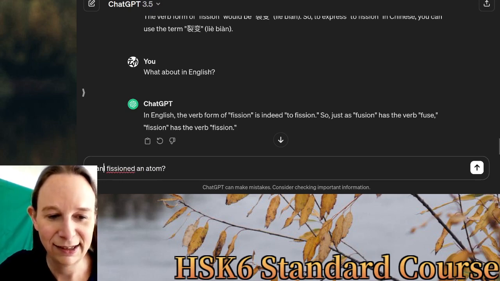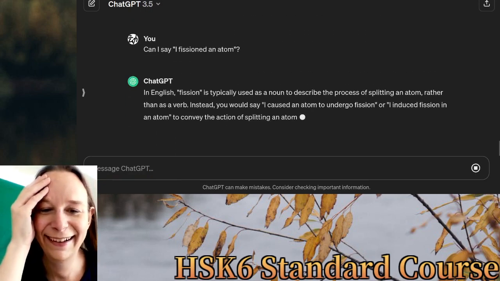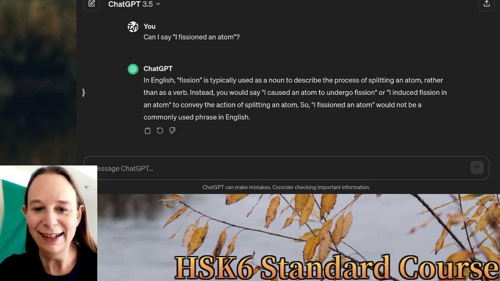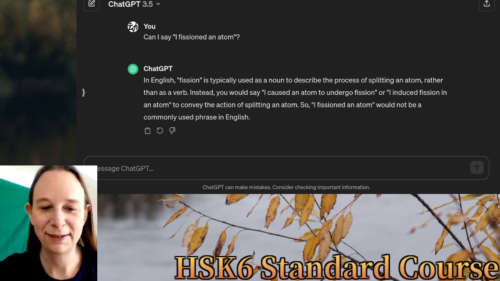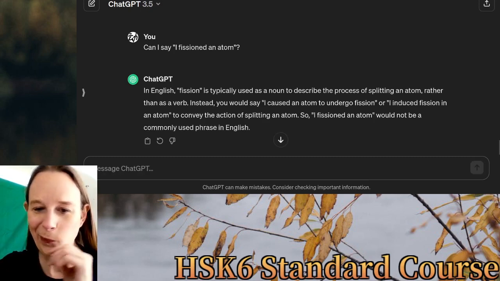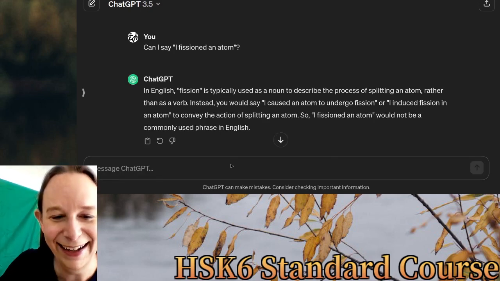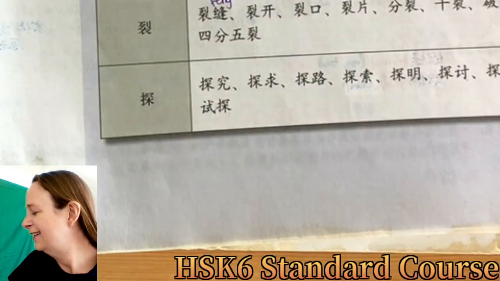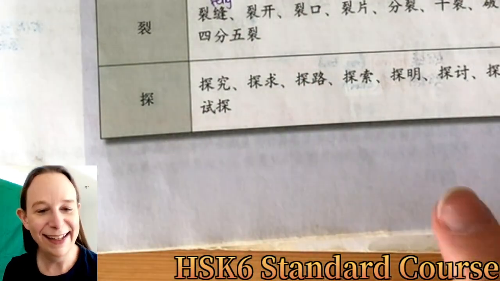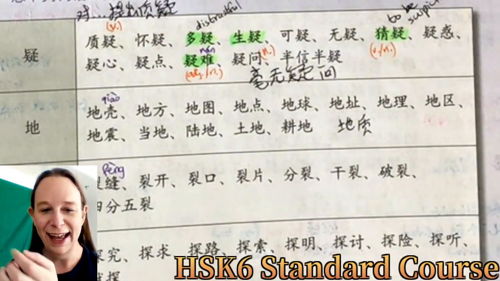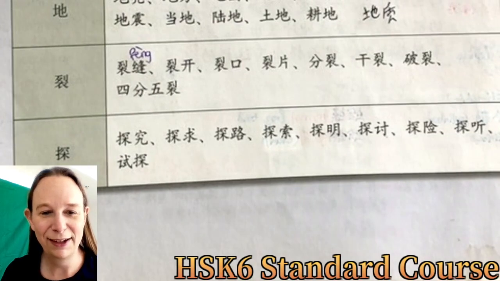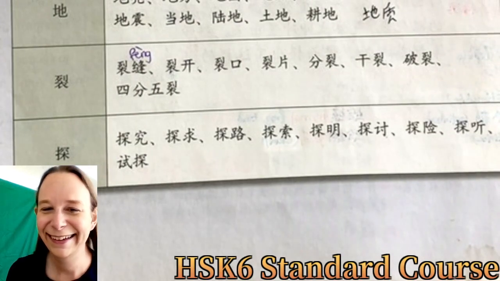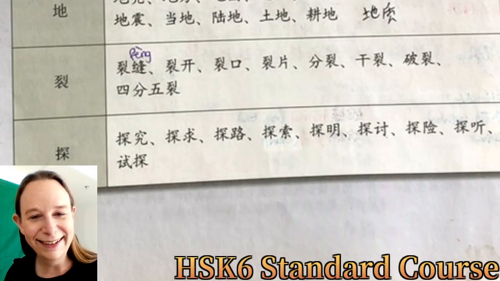Can I say I fissioned an atom? Yeah, it's a noun. Sorry, I'm getting off topic, but there should be a word, right? If fusion has fuse, then fission should have something. I guess it's split, but it should be fizz. That sounds logical to me.